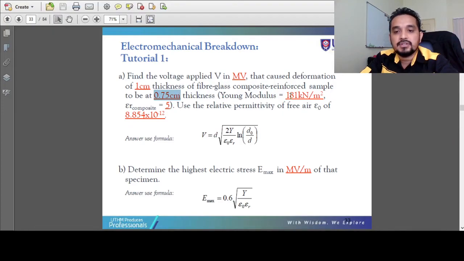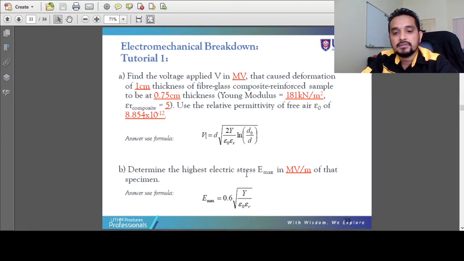The Young modulus is given as a constant value, and the relative permittivity is given here, as well as the relative permittivity of air. So to find the applied voltage V, we just use the formula and plug in the values. We'll look at the calculation later.